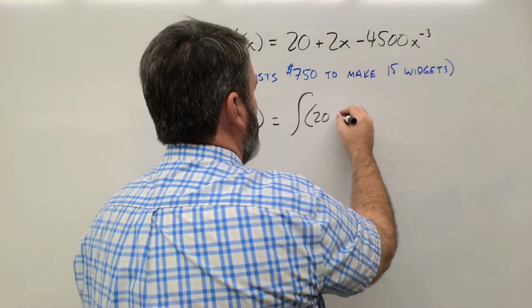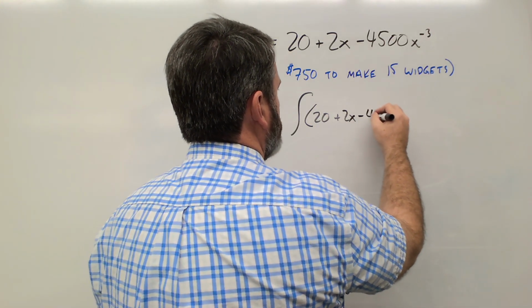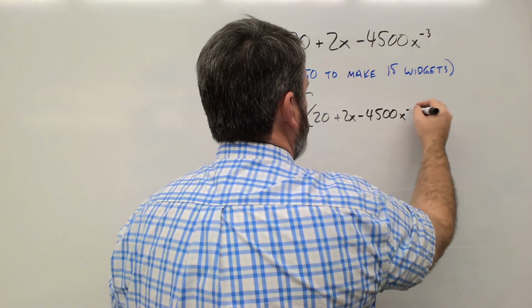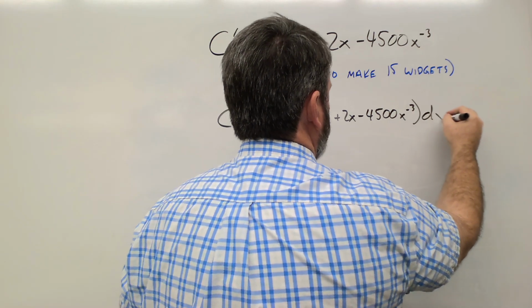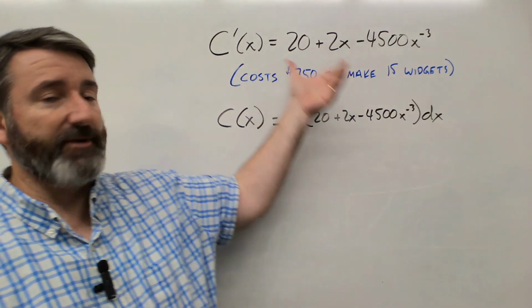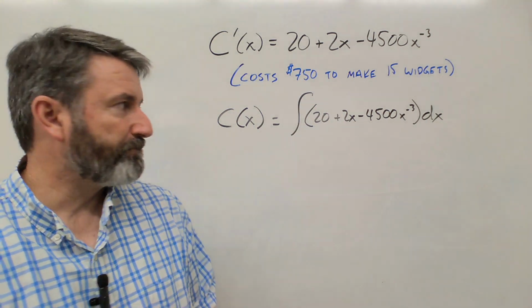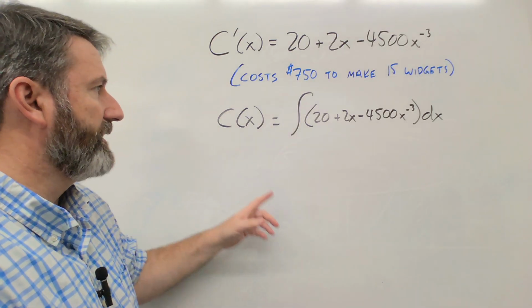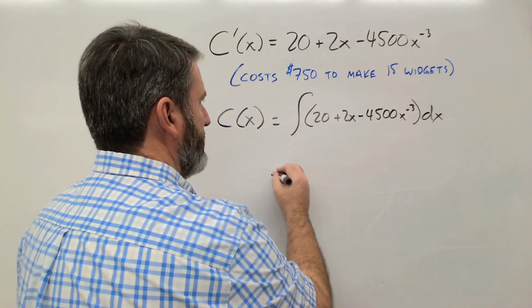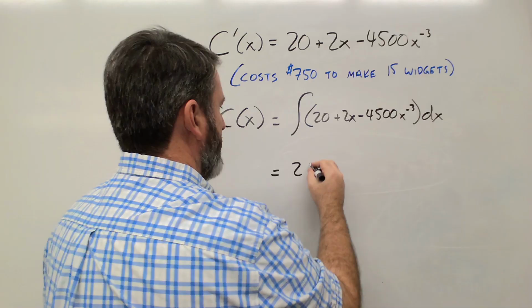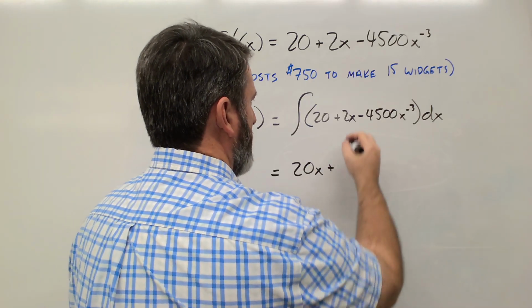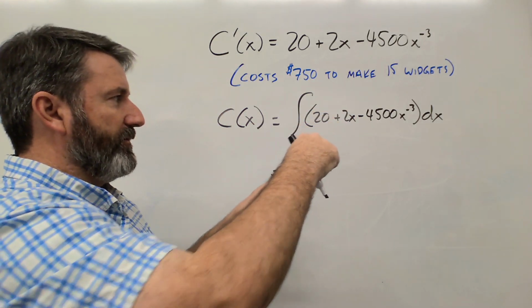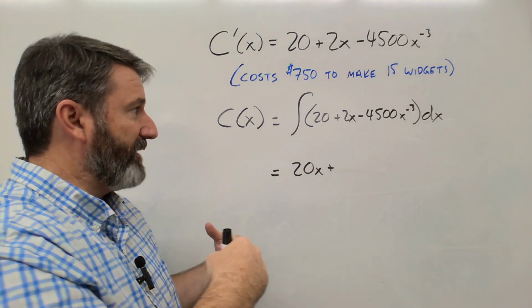So 20 plus 2x minus 4,500x to the negative 3 times dx. So we're finding the antiderivative of c prime. All right, so that's going to be 20x plus, add 1 to the exponent and then divide by that new exponent.